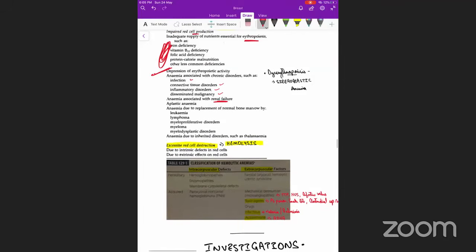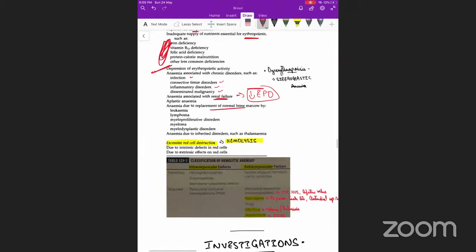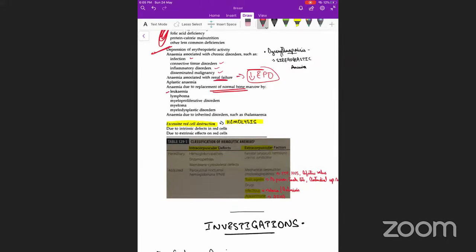Then renal failure, there is decreased erythropoietin, so there is no drive. Then it can be due to replacement of normal bone marrow, in case of leukemia, lymphoma, the myeloproliferative disorders, myeloma, all these things. Or it can be due to certain inherited disorders like thalassemia.